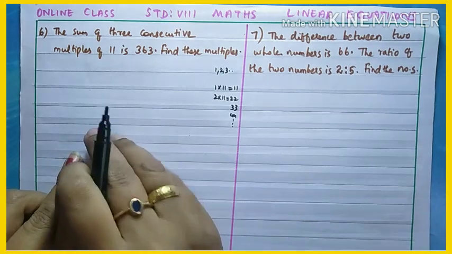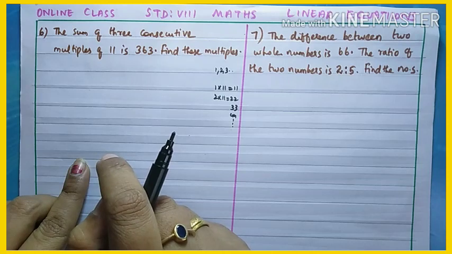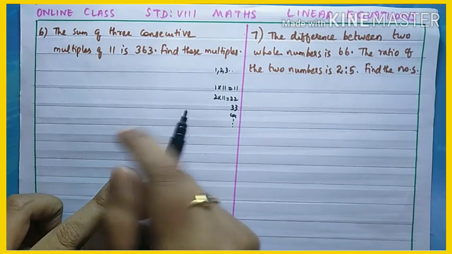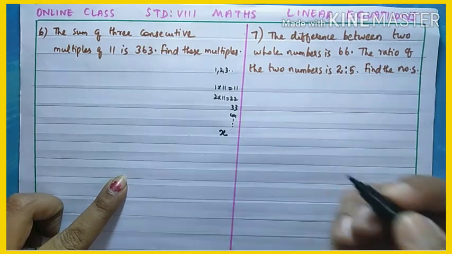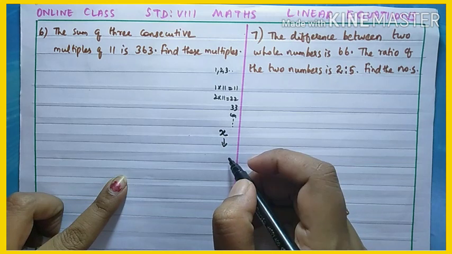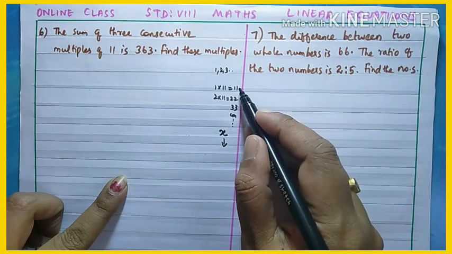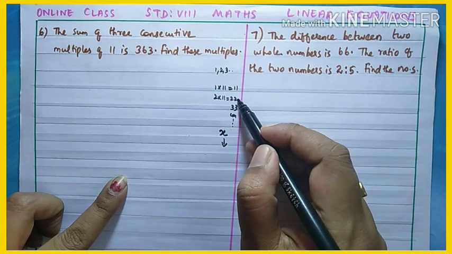And we don't know what the numbers are. So what we are doing, we are assuming the first number as x, our variable. So can you say what will be the next number? If I am taking the first multiple of 11 as x, what will be the next number then? What is the next multiple? When you are doing the multiplication table, first number is 11, and how are you getting this 22?